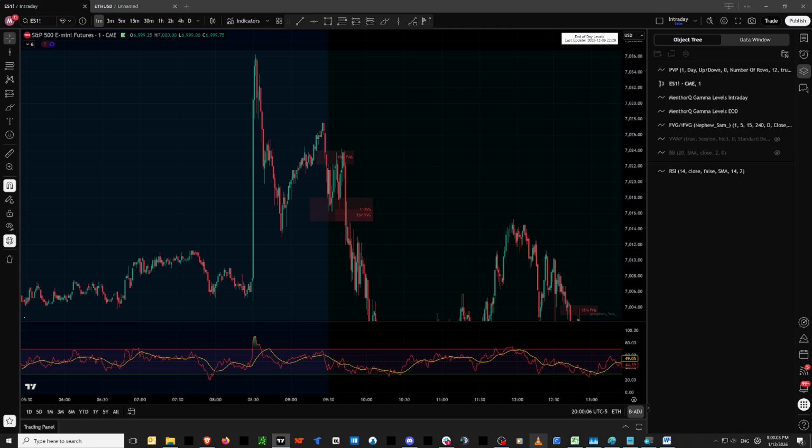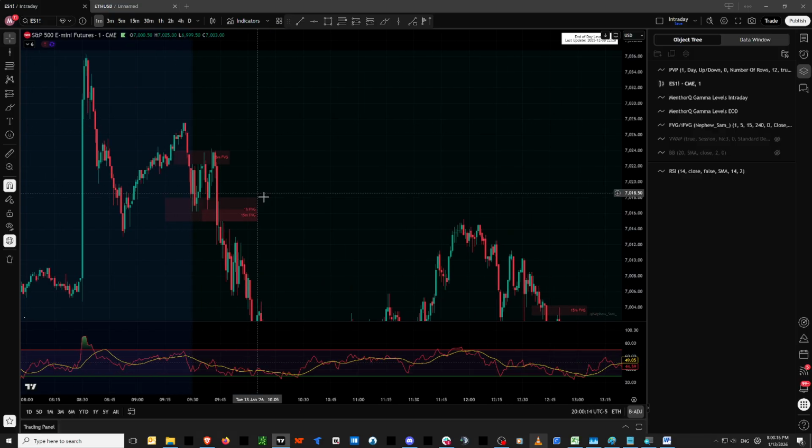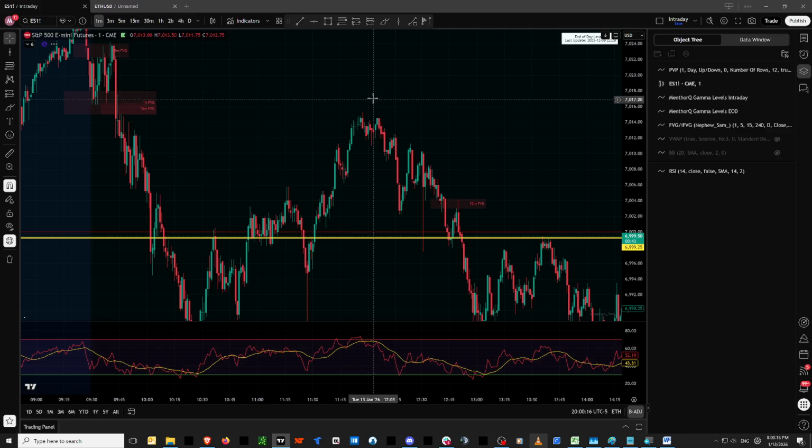But the thing about the ICT is you need something else to tell you to take this trade now, not because it just went up into a fair value gap. You need something else to tell you to take this trade in conjunction with this ICT setup. Down here you can see I've got the RSI plotted, and it's definitely overbought.